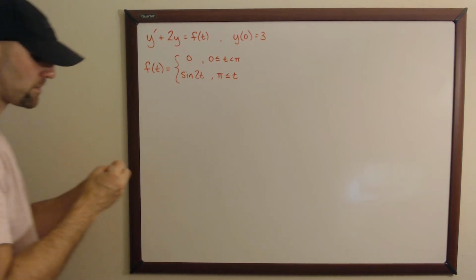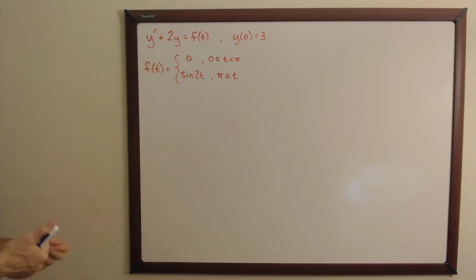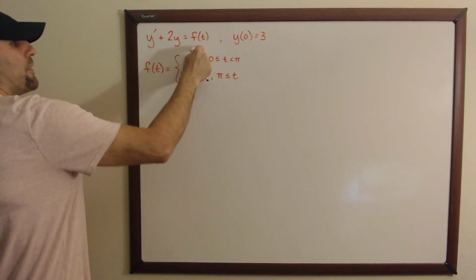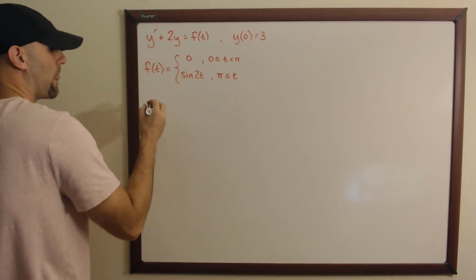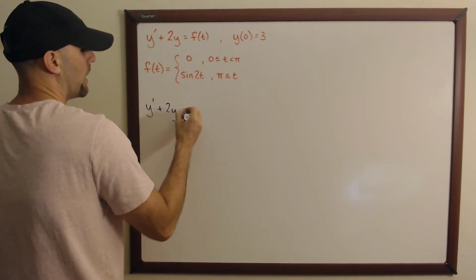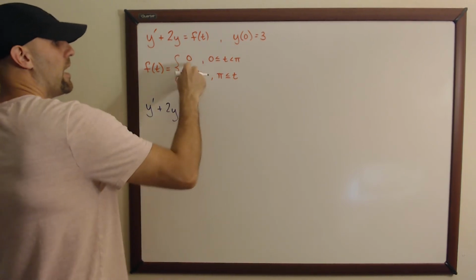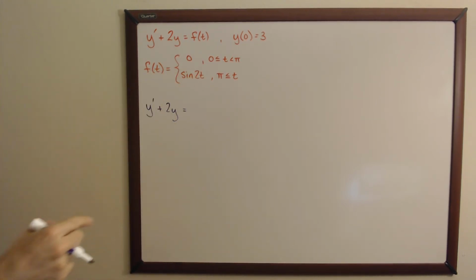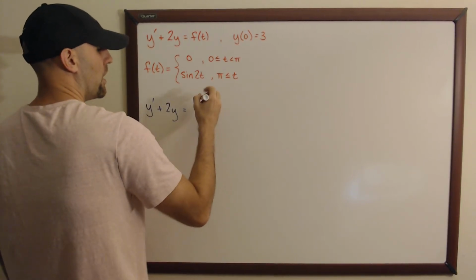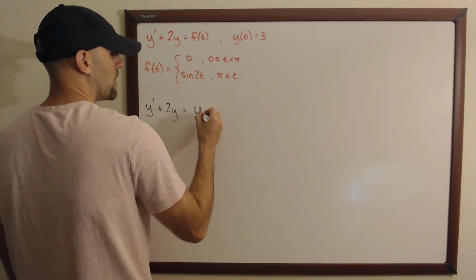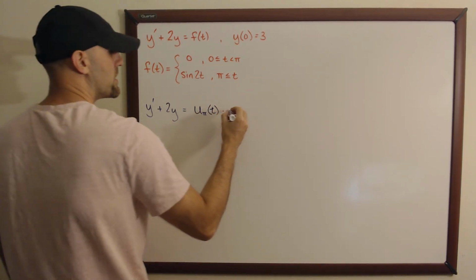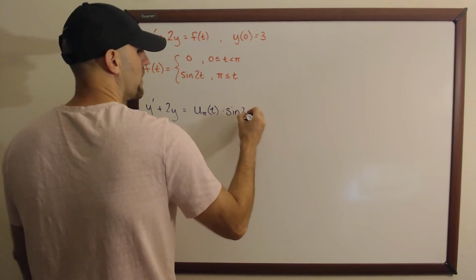Okay, so let's see if we can do this. The first thing I need to do is rewrite f of t in its unit step notation. So I've got y prime plus 2y. I've got 0 on my left-hand side, so that's nothing. And my right-hand function is just u sub pi of t, remember it turns on at pi, times sine 2t.